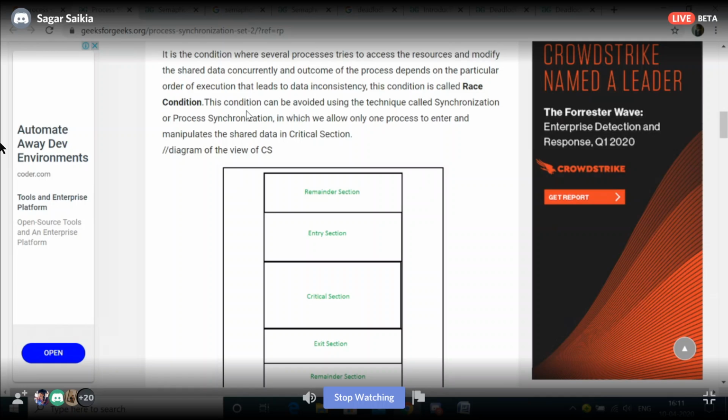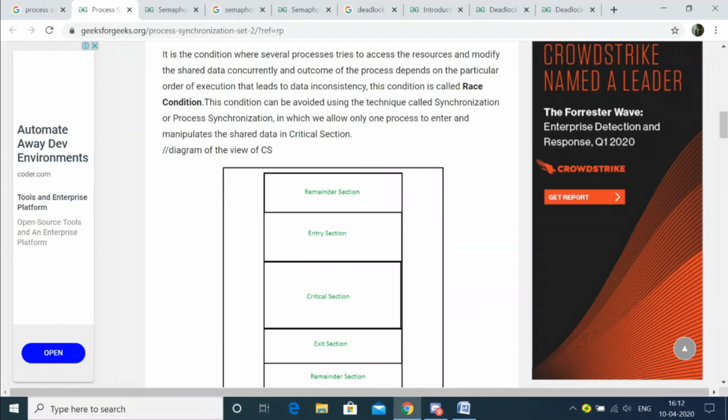So to overcome that, we have process synchronization. So how do we synchronize or arrange the processes? While executing, whenever the processes are executing, only one process is allowed to enter and update the shared part of the data.